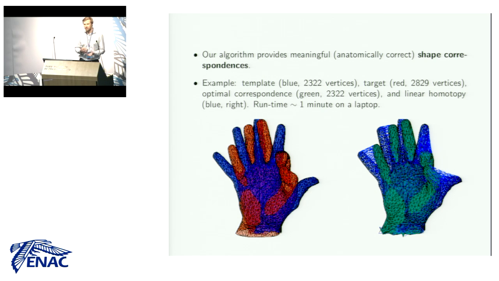And by nice in this setting, I would mean anatomically correct correspondences. The thumb is mapped to the thumb, the fingers are mapped to each other, and so on. On the lower right picture, you can see this linear homotopy between the target shape and the matched shape. The matched shape is the green one, and you can see that these lines are nicely parallel to each other, and one gets a nice match.